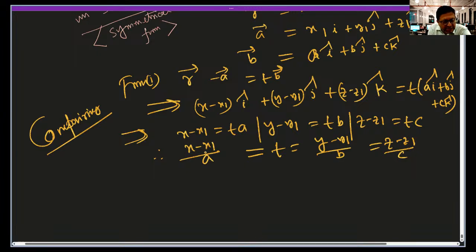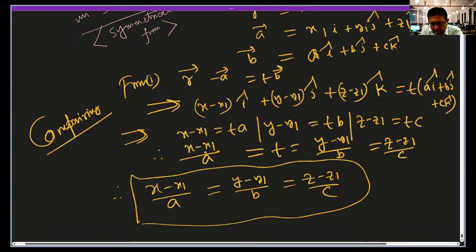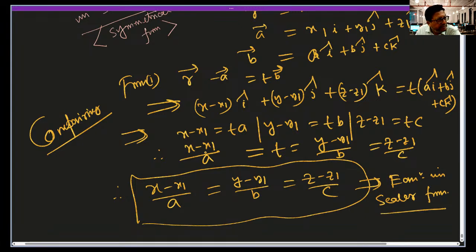So if we compare, then we get this thing. The line is this, the equation in scalar form. Okay, line in scalar form. Vector form you understand, scalar form also you understand.